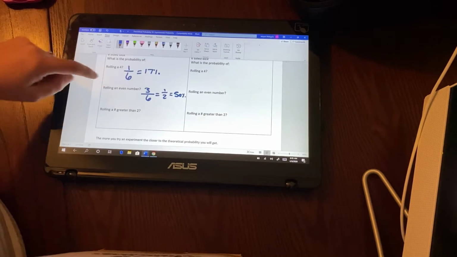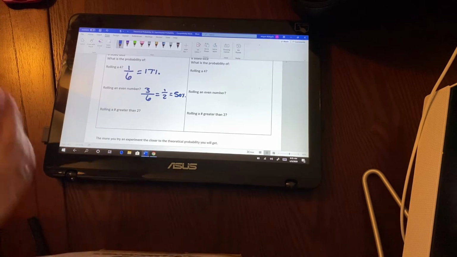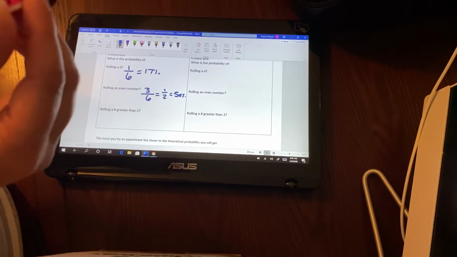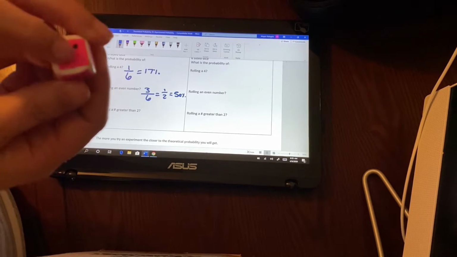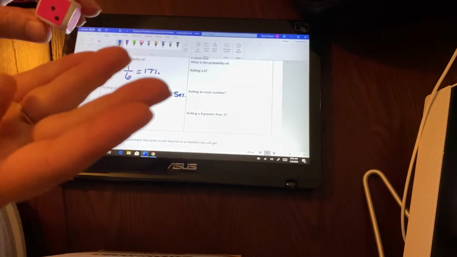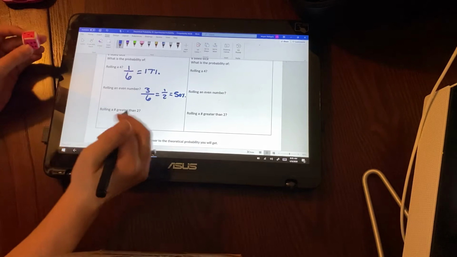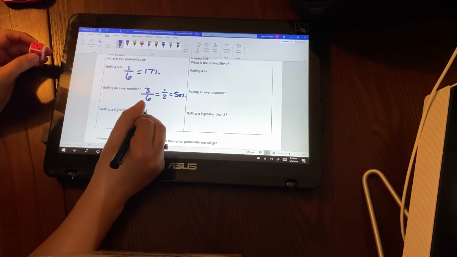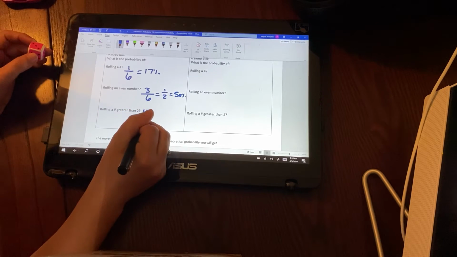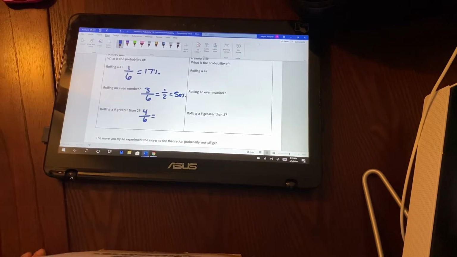Rolling a number greater than 2. Okay, so it has to be greater than 2, so it can't be 2. So 3, 4, 5, and 6. So that's 4 possible things that I could roll out of a total of 6 possible outcomes.